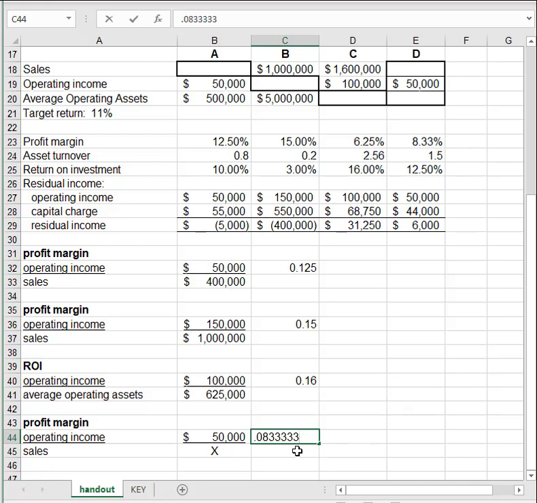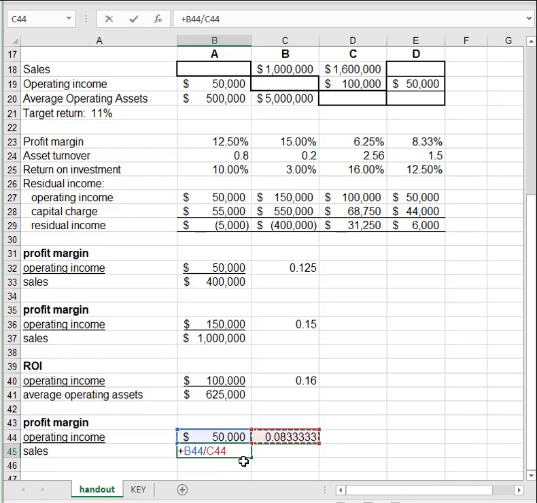I know that this 333 is repeating. If you put 0.0833, you'll get something about $200 different than mine, and that's okay. That's within rounding tolerance. Now I would cross multiply 0.08333 repeating times X equals 50,000, divide both sides.